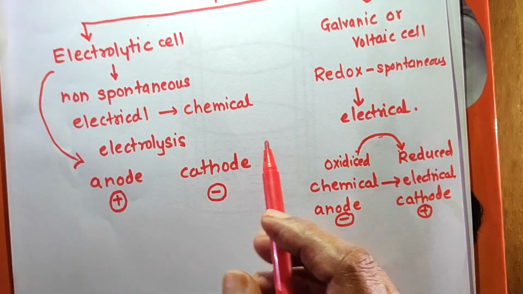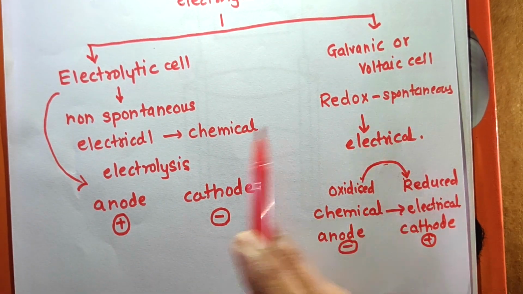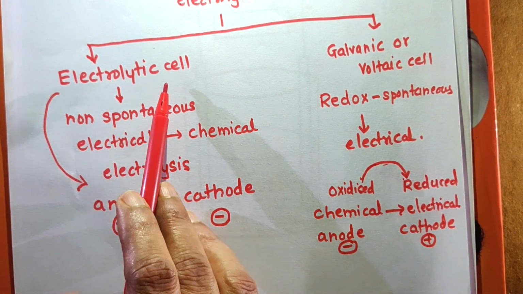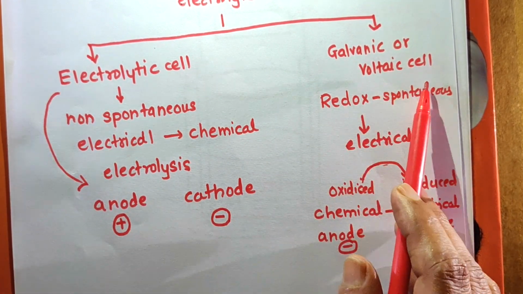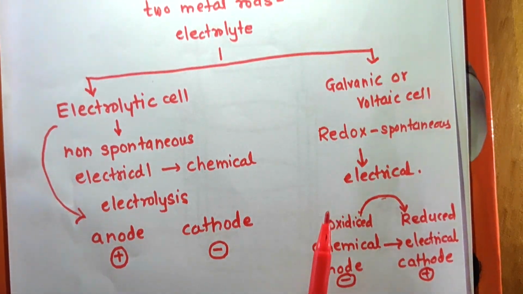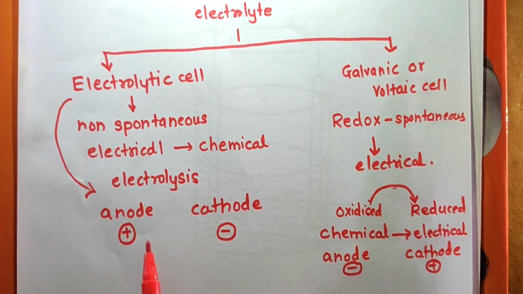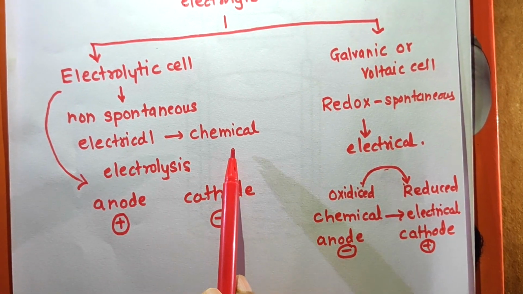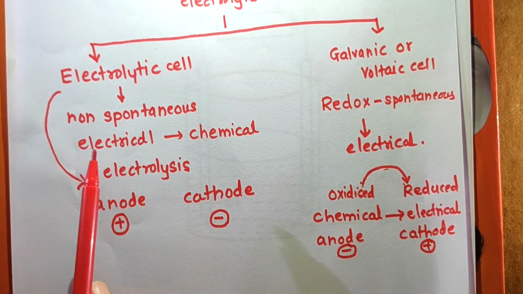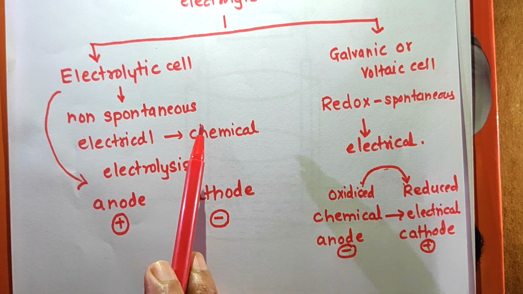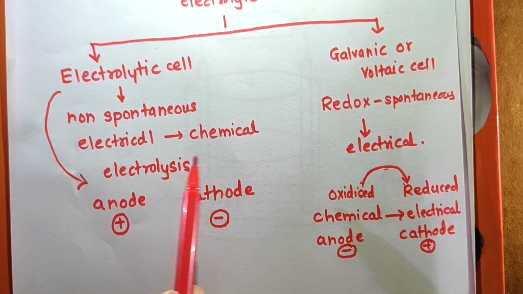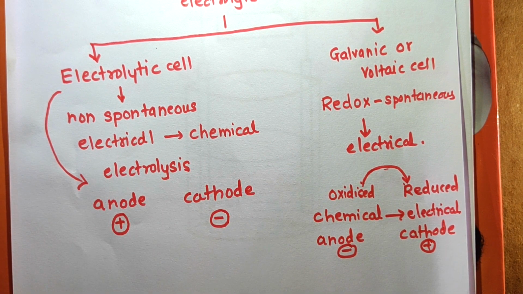So you have to remember the differences between these two cells, electrolytic cell and galvanic cell or voltaic cell. These are the two types of electrochemical cells. In electrolytic cell, electrical energy is converted into chemical energy. That is, non-spontaneous chemical reaction is made to take place by supplying electrical energy.